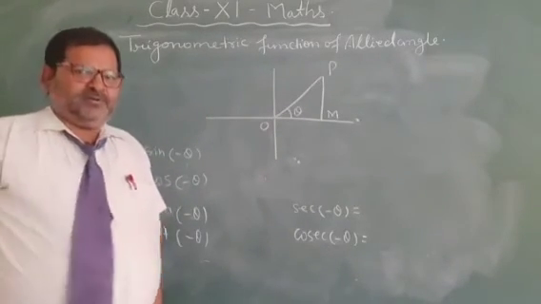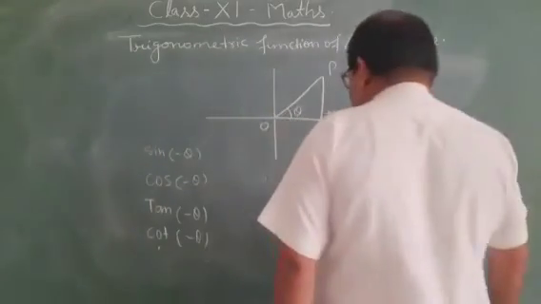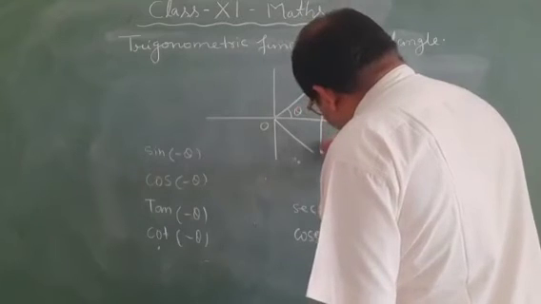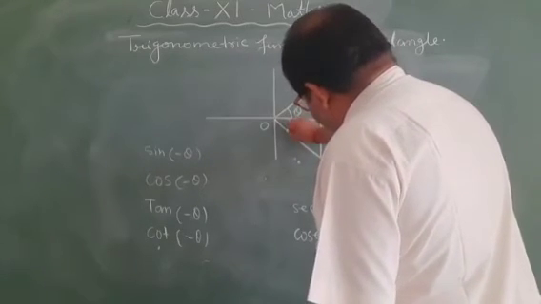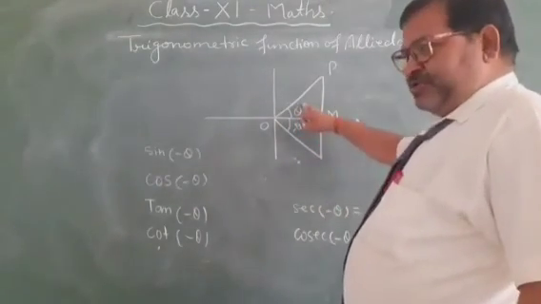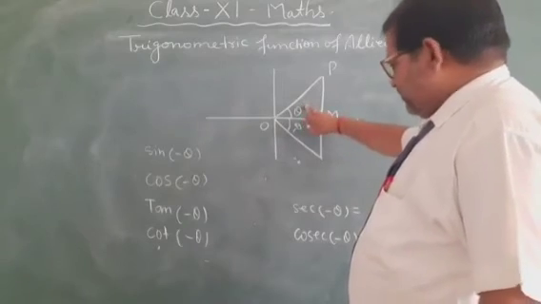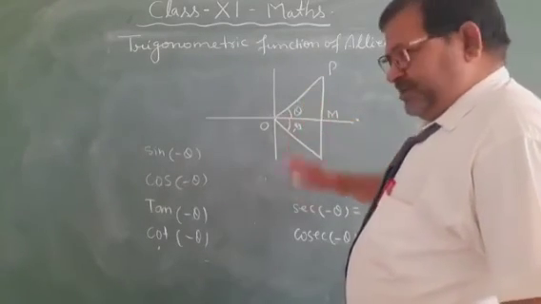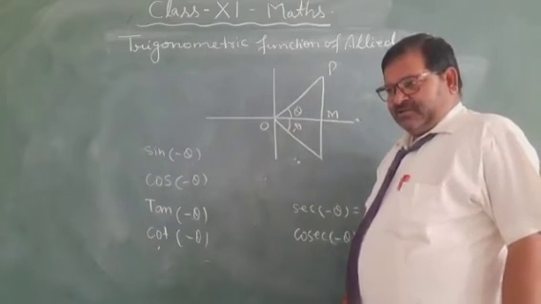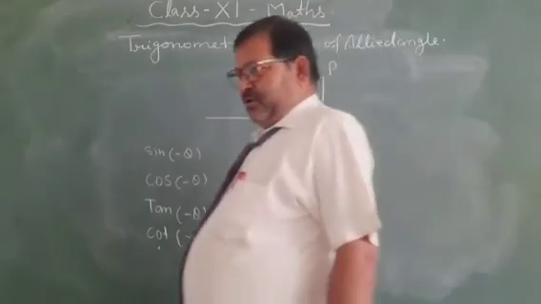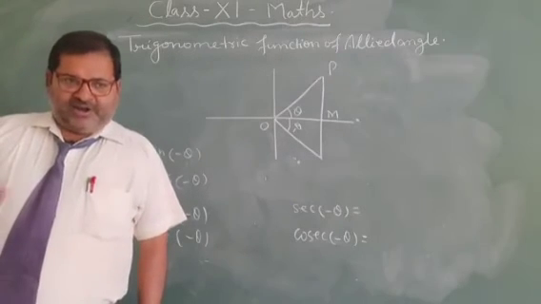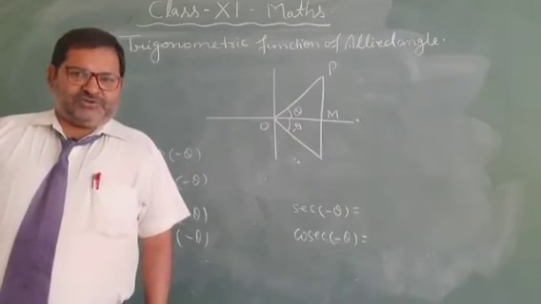If you assume that the negative angle of theta is minus theta, theta is the positive angle, and this theta we convert into minus theta, and we find the trigonometric ratios of all the negative angles in the form of trigonometric ratios.